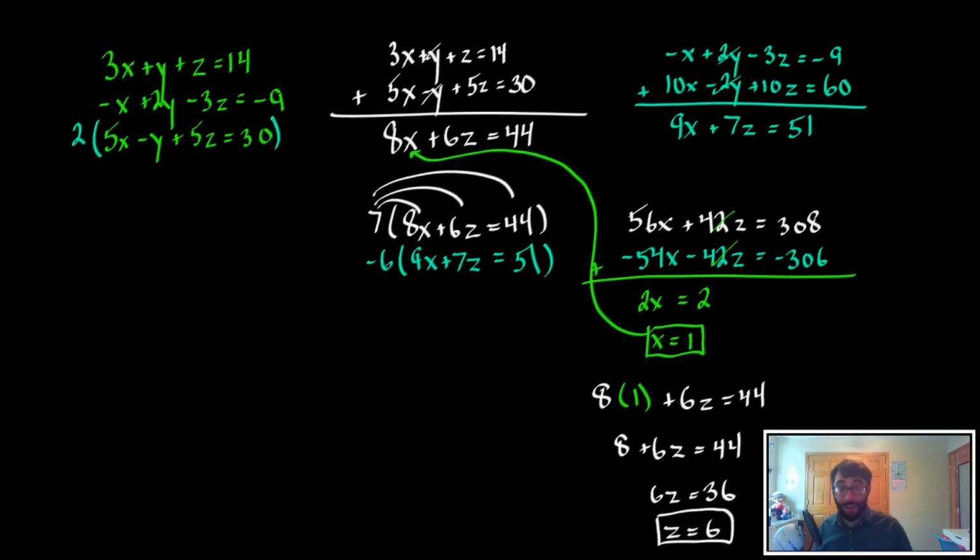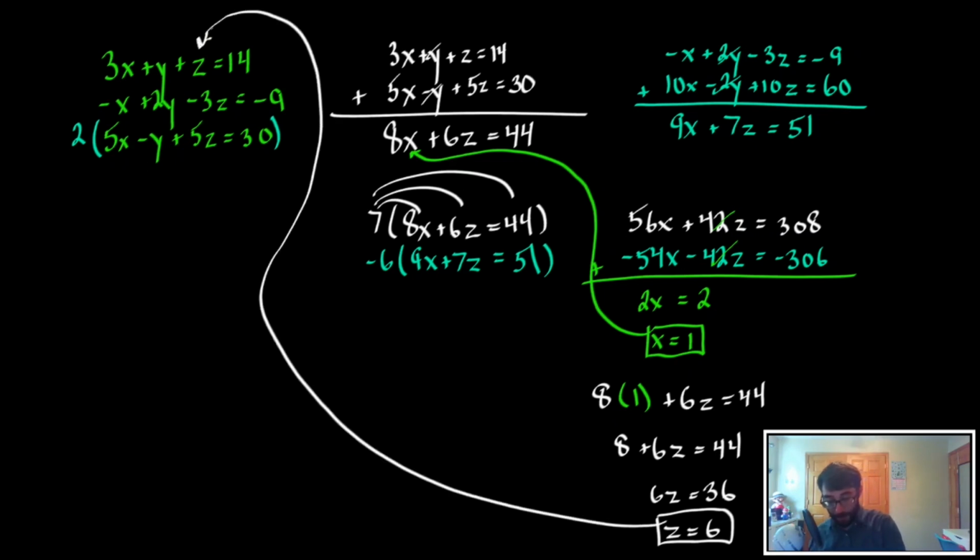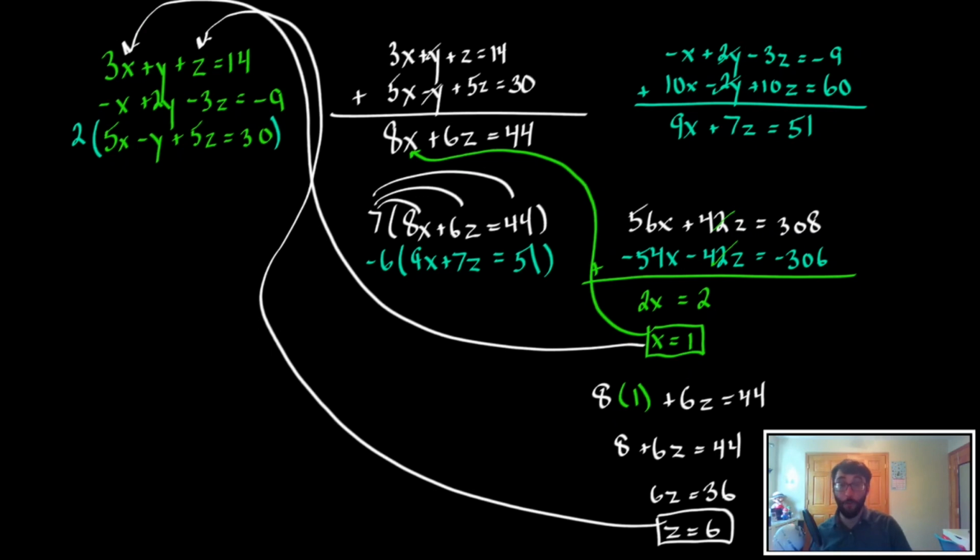Now that I have x, I have z. I can plug these into one of the original 3 equations. Finally get y, okay? So remember, it doesn't matter what equation you plug it into. I'm going to plug it into this first equation here. So I'm going to plug z in here, I'm going to plug x in here, and then I'm going to finally solve for y, okay?